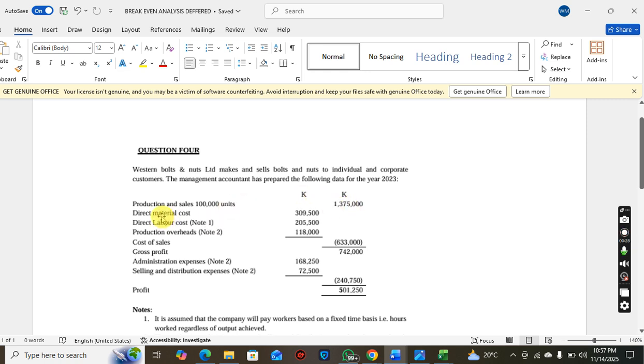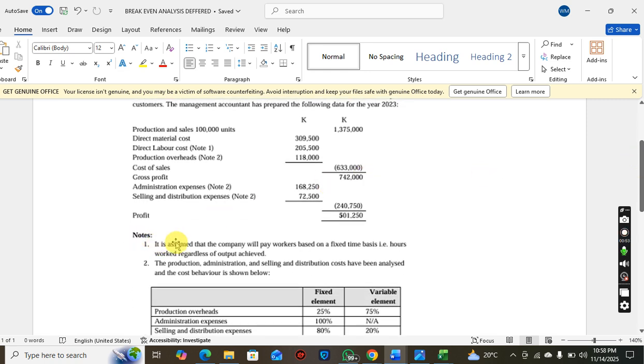So the values: direct material cost, direct labor cost, production overheads, the cost of sales, gross profit, and you've got your administrative expenses, your selling and distribution expenses, and you get your net profit.